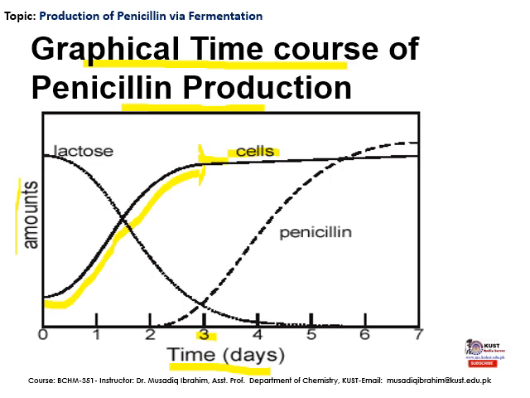Now the important thing to observe is that when the stationary phase of the fungal cells has started, at this point, slowly and gradually, the secondary metabolite in the form of penicillin starts to be produced, and ultimately it goes to the peak of its production along with the stationary phase of the fungal cells.